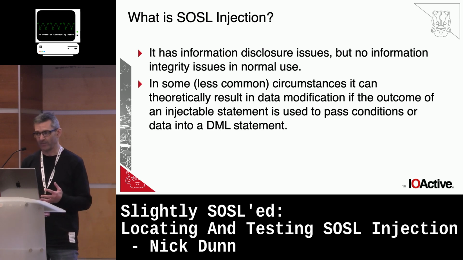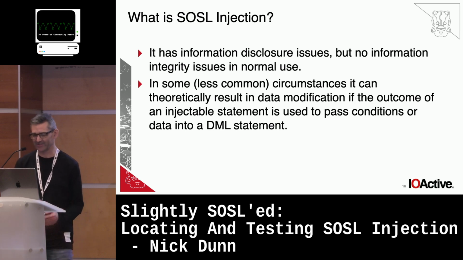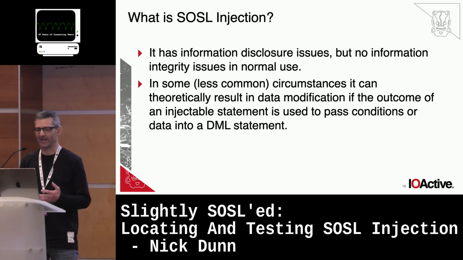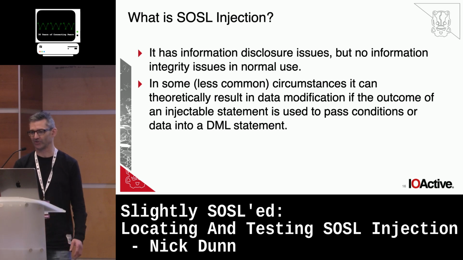There are information disclosure issues, but it's almost impossible to build any sort of real disaster upon that unless someone's done something weird in Apex, like a mass mailing based on a SOSL query or some other spammy kind of thing like that.